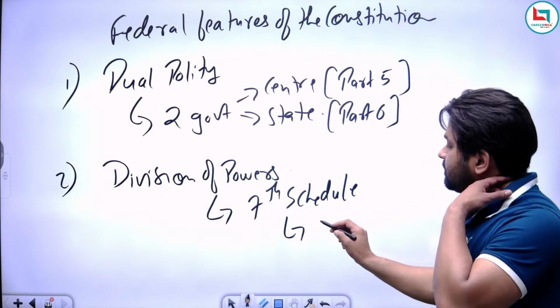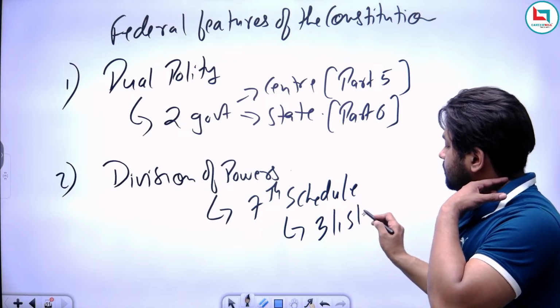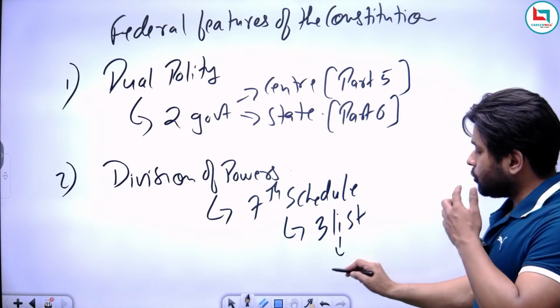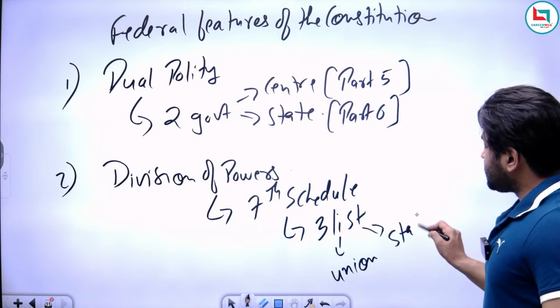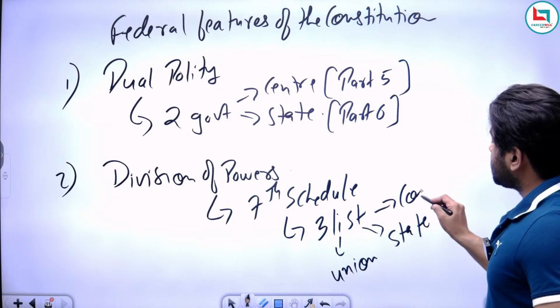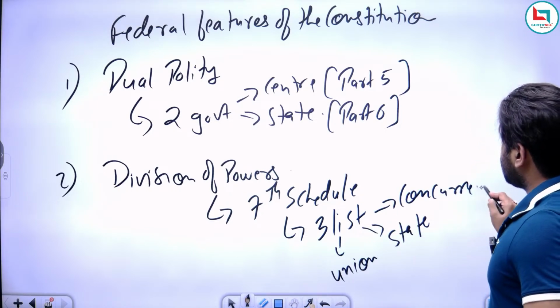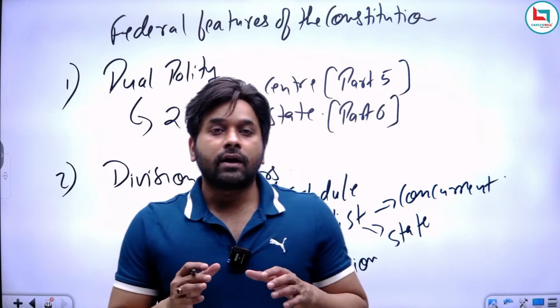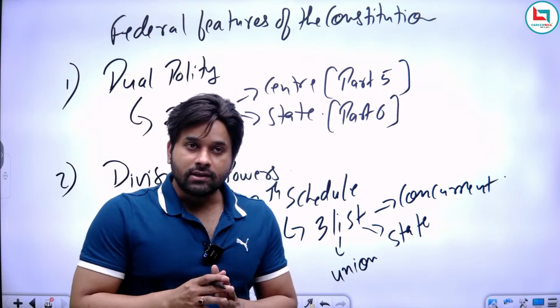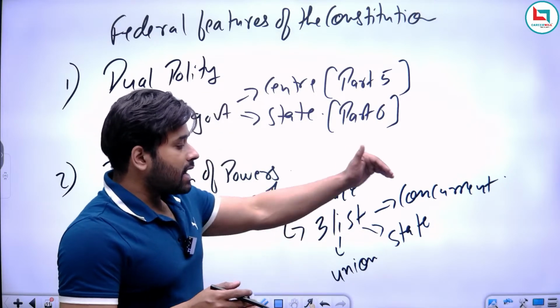Under the 7th schedule you will find 3 lists. The first list is the union list, the second list is the state list, and the third list is the concurrent list. Remember, in the 7th schedule there are a total of 3 lists: union list, state list and concurrent list.